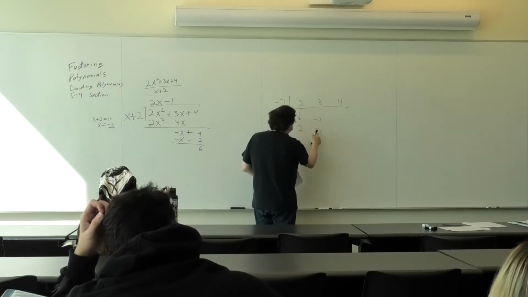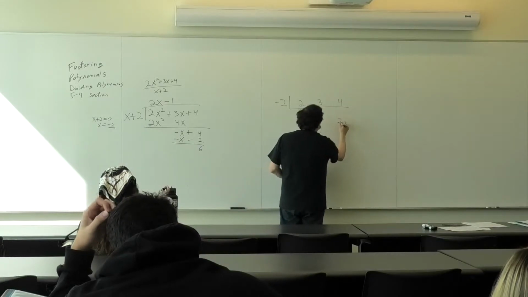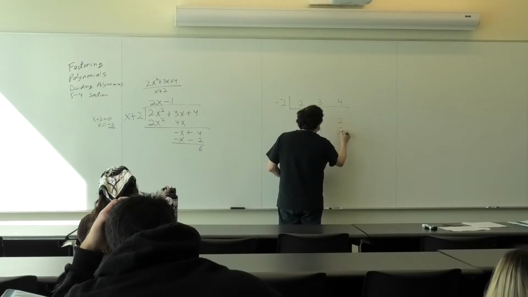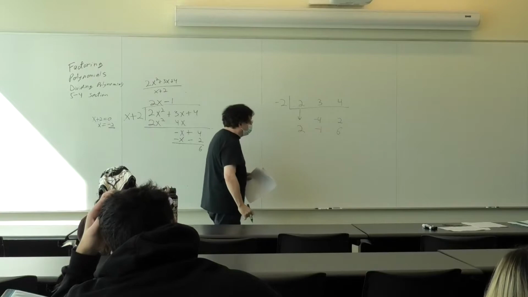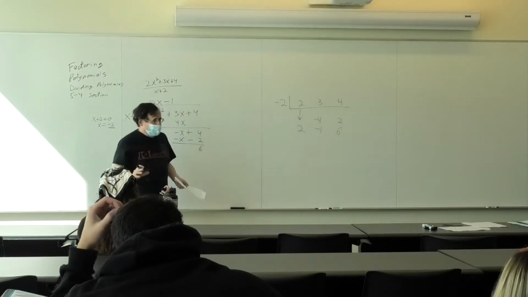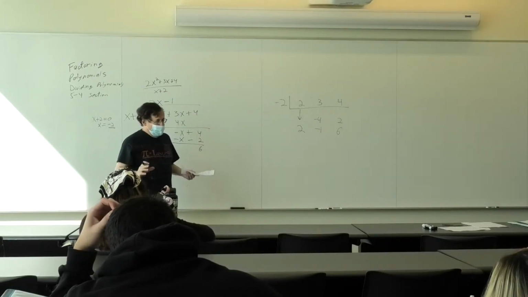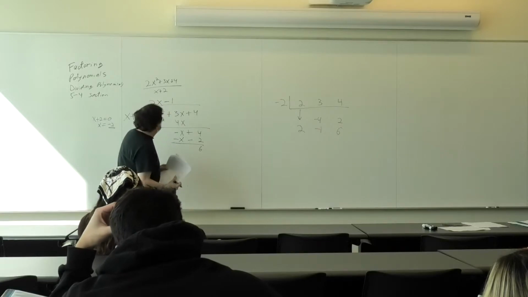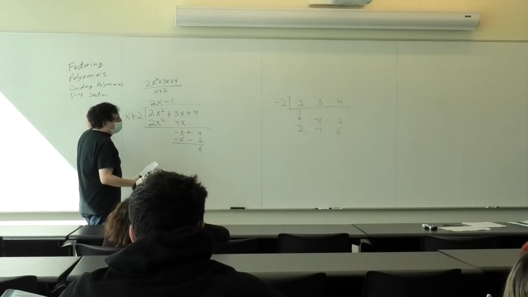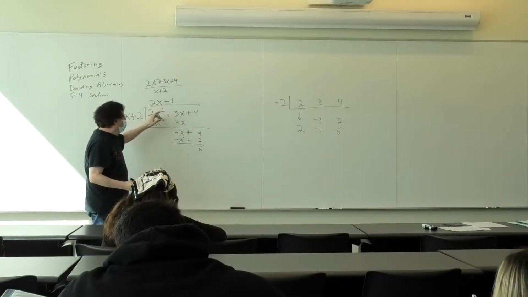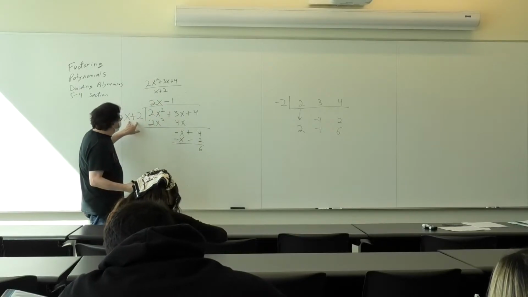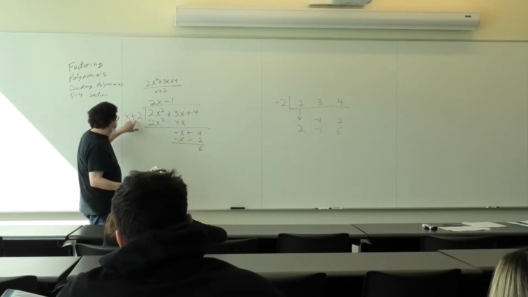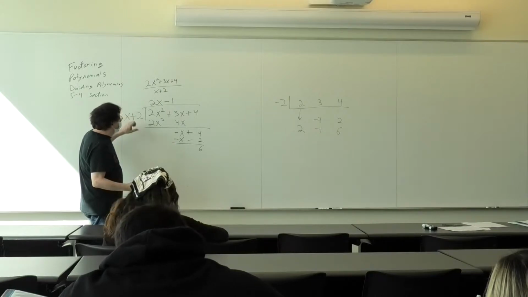Negative 2 times negative 1 is 2, and I bring this down and I get 6. That's the synthetic division process. If you have a longer polynomial, it still works. You can only divide by a linear term, just an x.